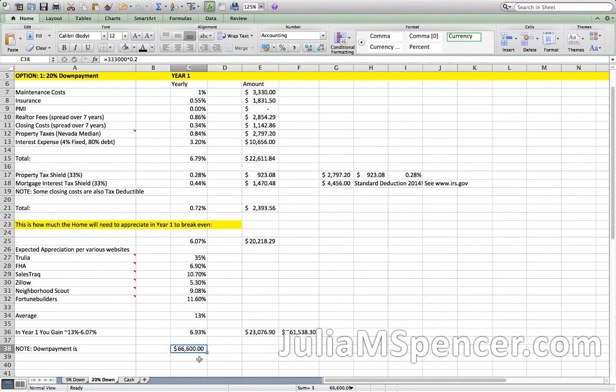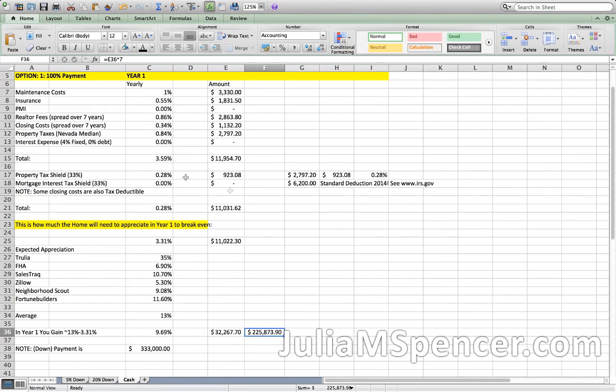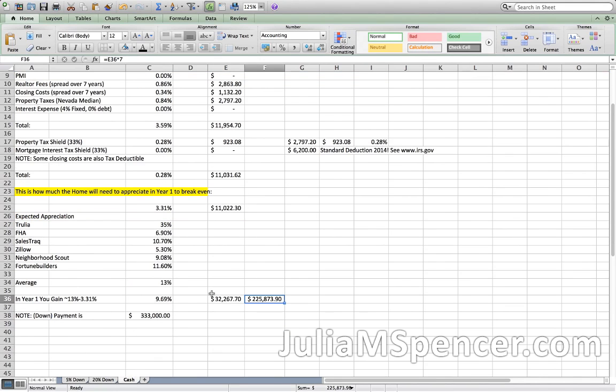So the opportunity cost of making a cash payment on a house is huge. It's huge. You do get more money in terms of return over the 7 years, but how much money can you make off of $333,000 over 7 years on, let's say, 6 other properties?